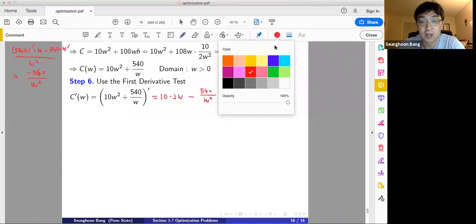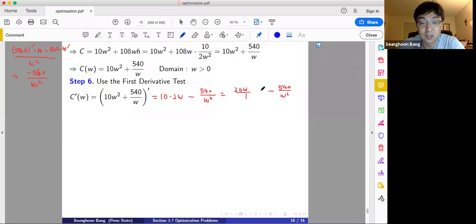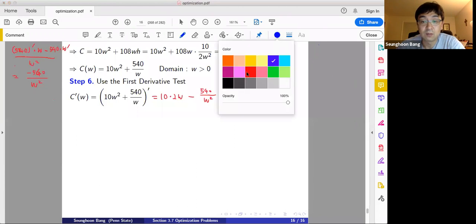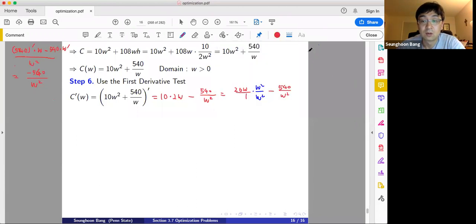I'm going to find a common denominator. The common denominator of 1 and W squared is W squared, and we only change the first term. So we have 20W cubed minus 540 over W squared.